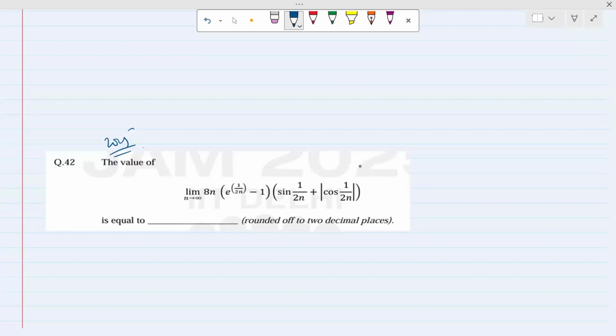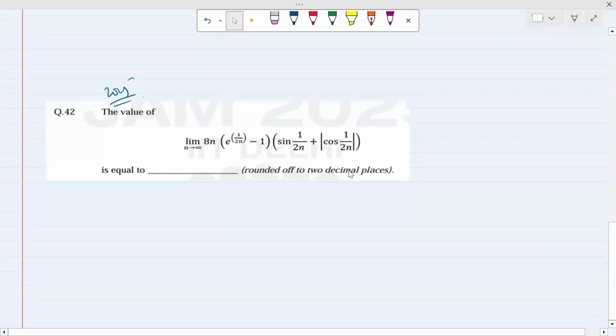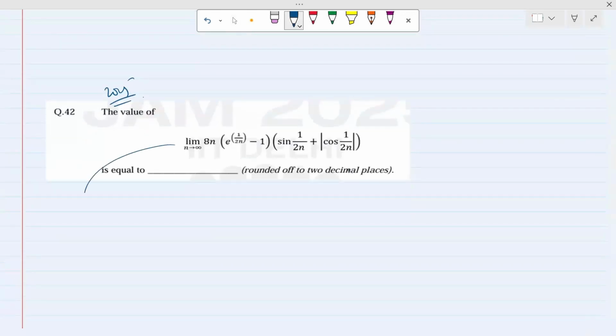So how will you evaluate this limit? So this will be equal to the limit as n tends to infinity.